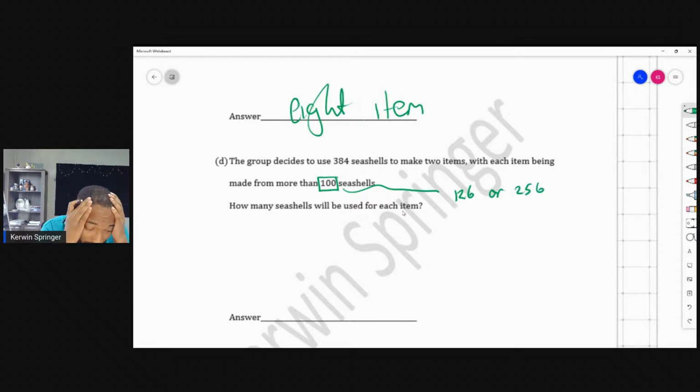I'm not too sure with this question. They're making 2 items. Would you have enough?